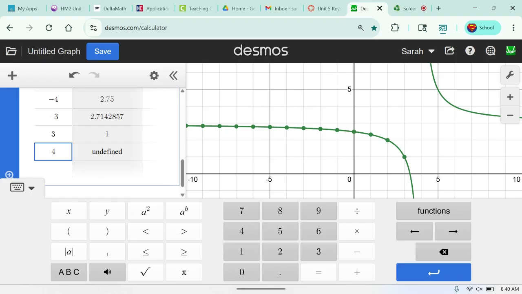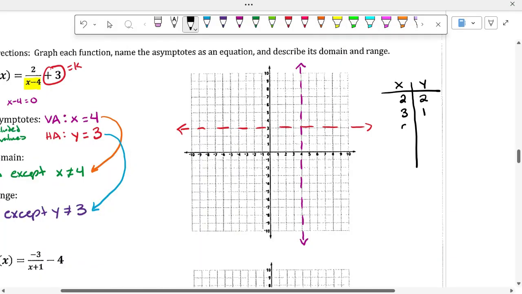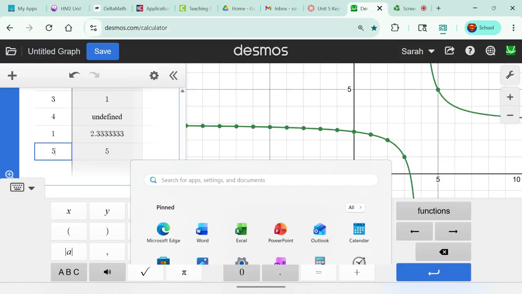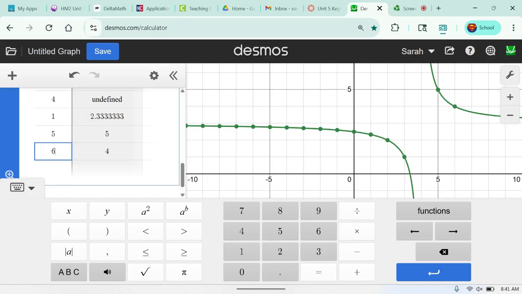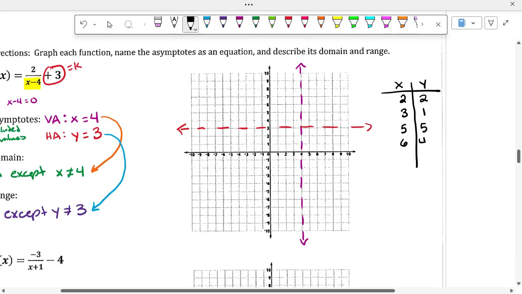All x values except x cannot equal 4. So, of course, 4 is going to be undefined. All right, 1. Not pretty. Not 1. 5. Oh, 5 is pretty. So we got 5, 5. 6. Oh, 6 is pretty as well. 6, 4.